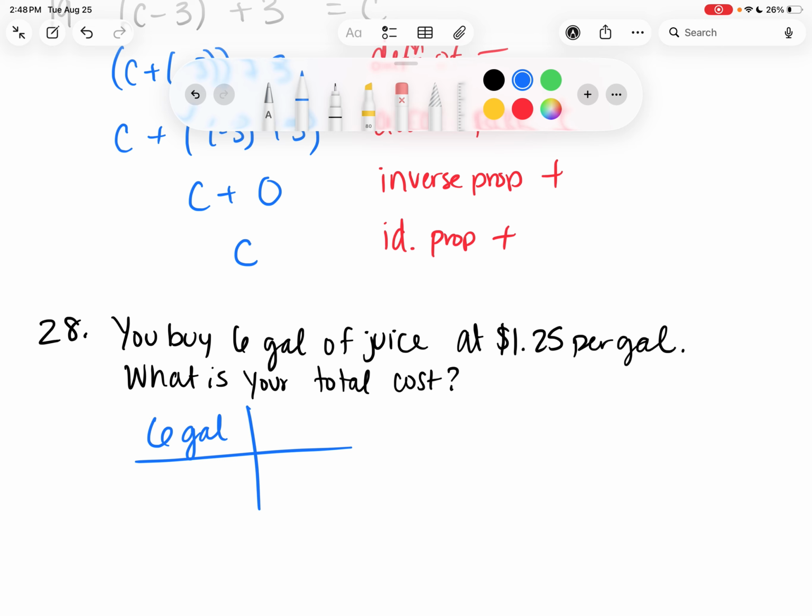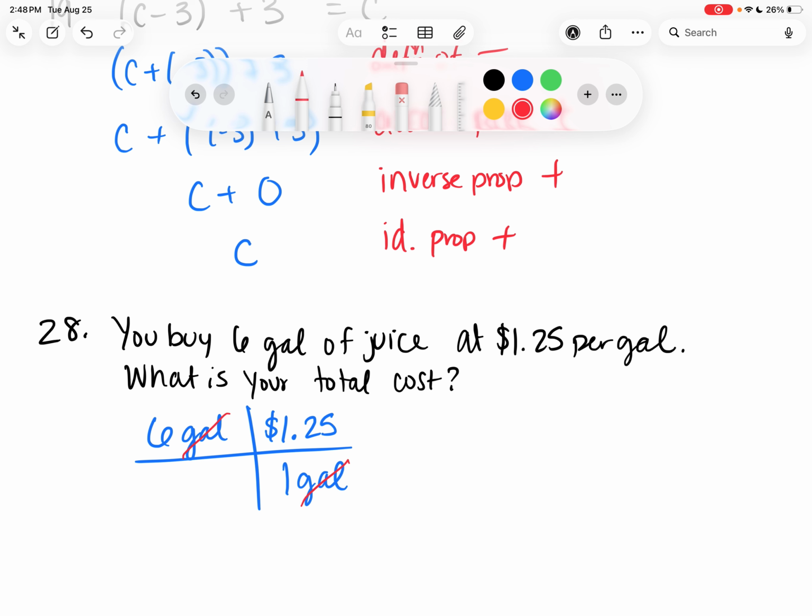That means my amount of money needs to be on top of the equation. So the $1.25 is going to be up here. And then it's per 1 gallon, so I'm going to put 1 gallon down here. So this allows me to do my unit analysis at the same time as I'm doing the math part. Okay? Because it's asking you to do both. So gallons cancel.